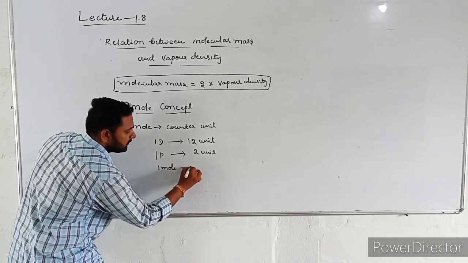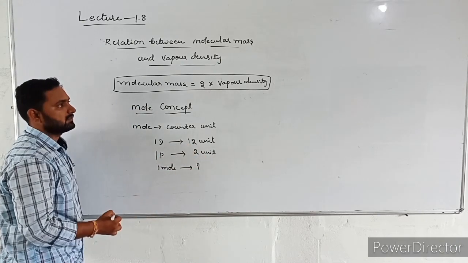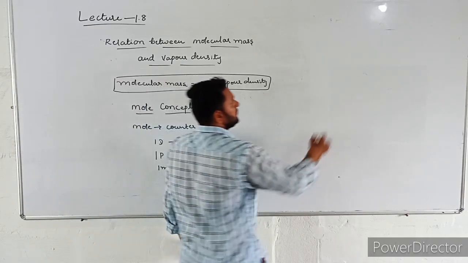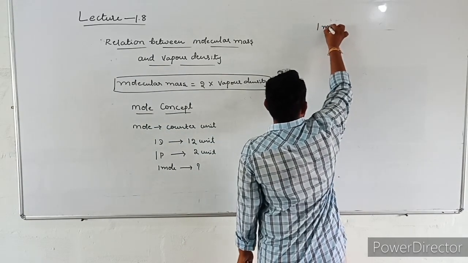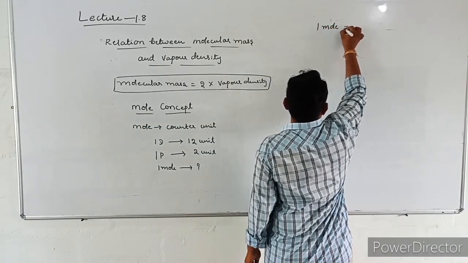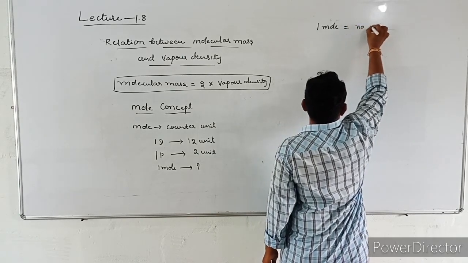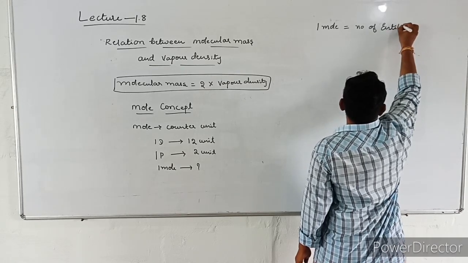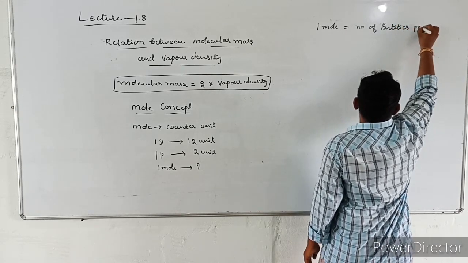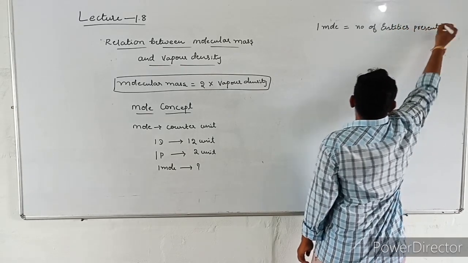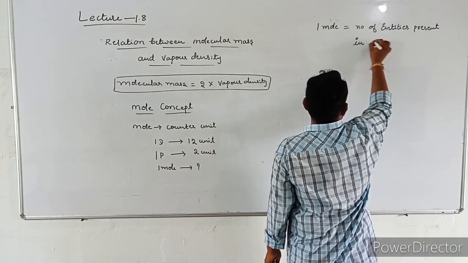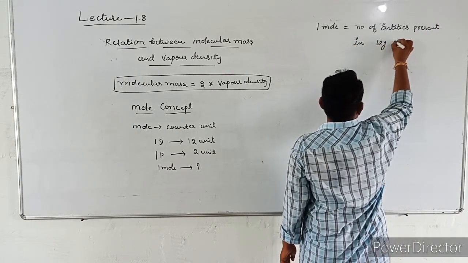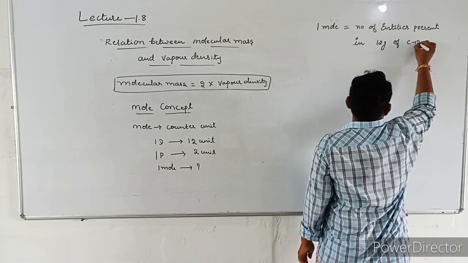Now let us see. 1 mole is equal to the number of entities present in 12 gram of carbon 12 isotope.